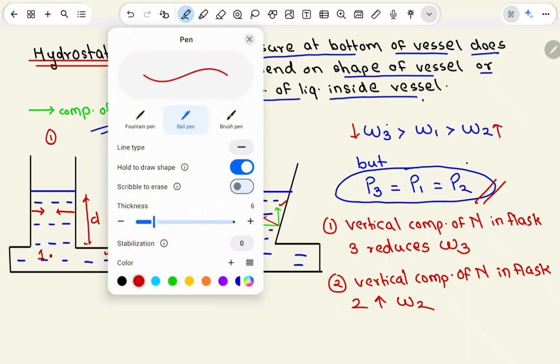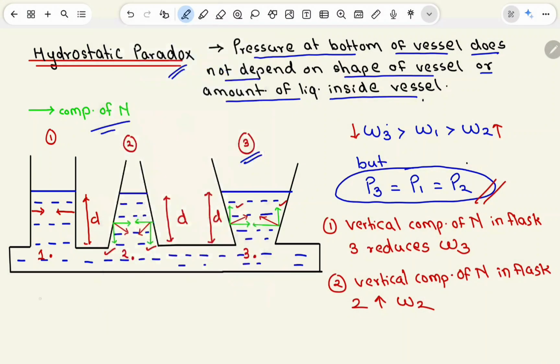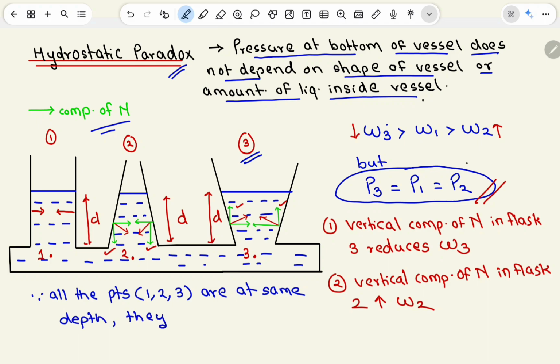So this is also an explanation where we can write down: since all the points 1, 2, 3 are at the same depth, they have the same pressure. So this is another explanation for the hydrostatic paradox.